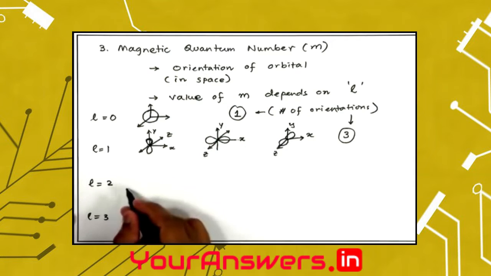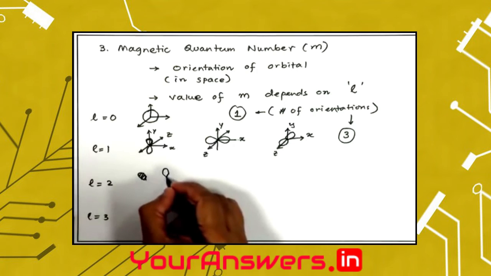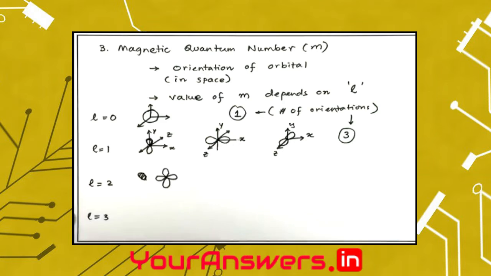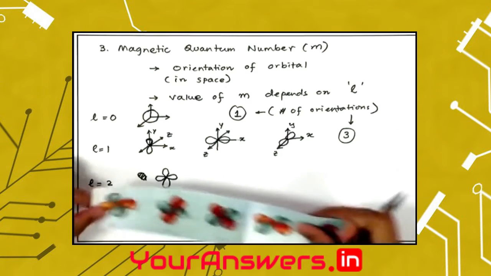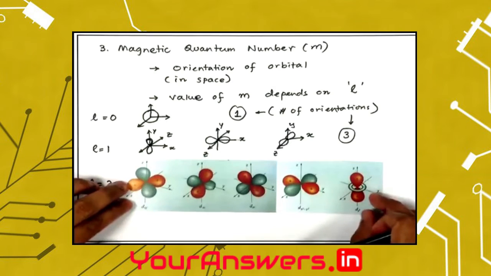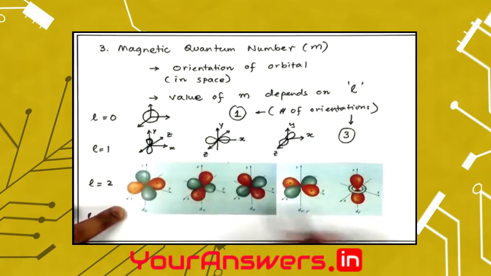Now, similarly, the d orbital actually has a double dumbbell shape. It has two different dumbbells, and I can reorient it in 5 different ways. I am not trying to draw that. You see, these are 5 different orientations that these d orbitals can show.